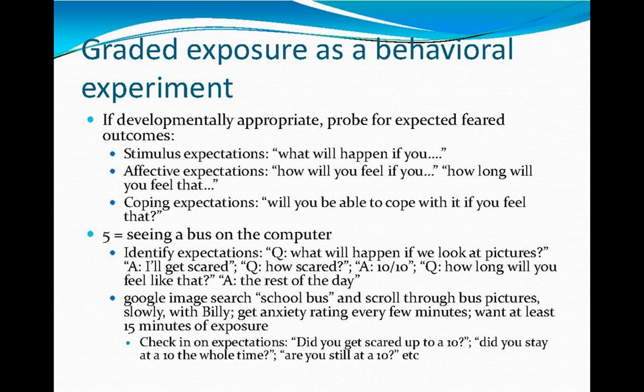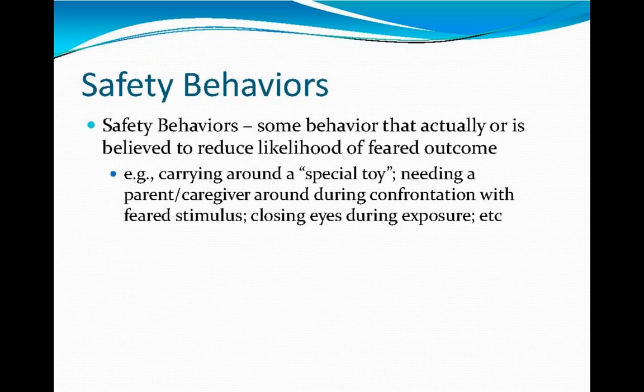And the last thing that I will mention is this idea of safety behaviors. So a safety behavior is something that can interfere with exposure therapy, and a safety behavior is something that is either believed to or actually does reduce the likelihood of the feared outcome. So some children might carry around a special toy that they believe helps protect them.